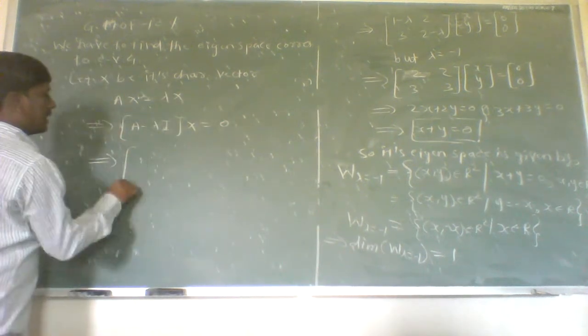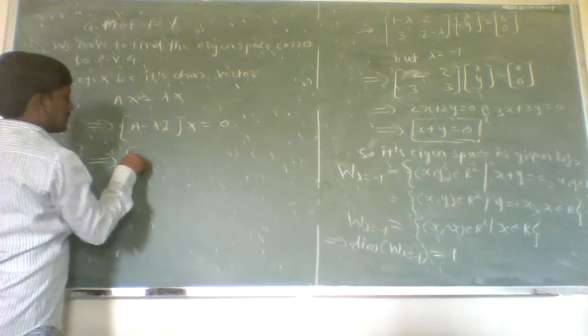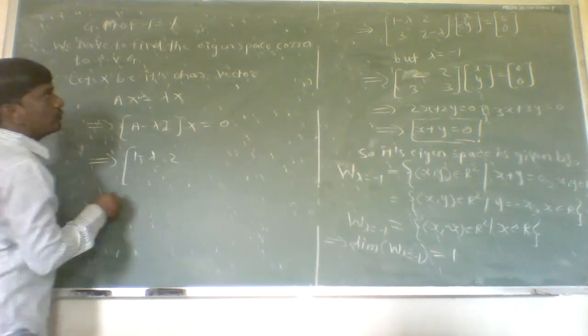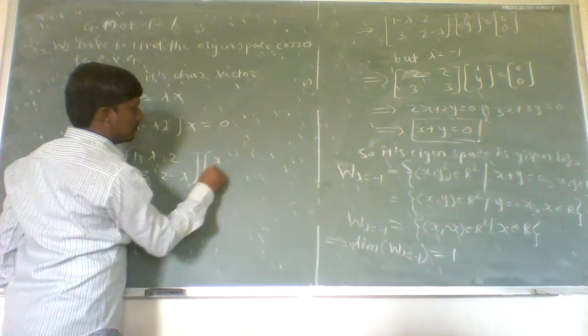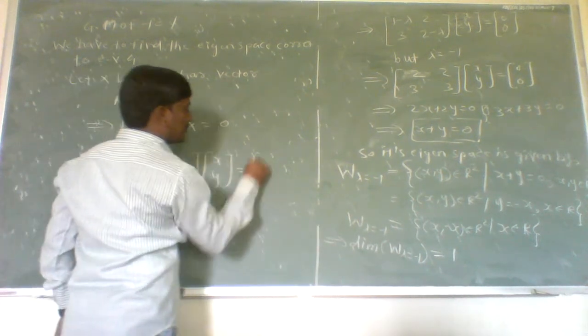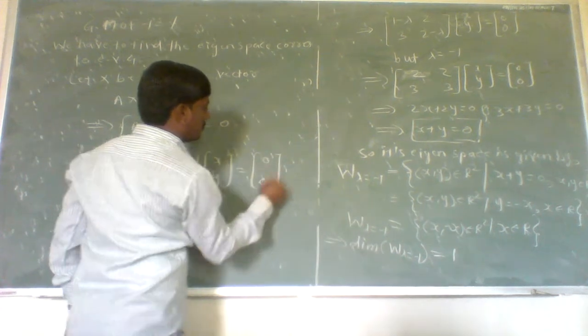But A minus lambda I is nothing but the matrix [1 minus lambda, 3; 2, 2 minus lambda] times (x, y), which is equal to (0, 0). Now here lambda is equal to 4. As lambda equals 4, we get [1 minus 4, 3; 2, 2 minus 4] times (x, y) equal to (0, 0).